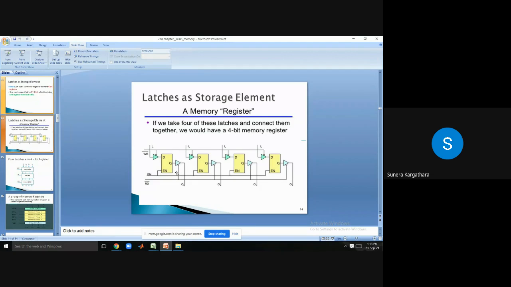That you will combine 8 D flip-flops. Am I communicating, student? Right? You will combine 8 D flip-flops, where 1 D flip-flop will hold 1 data, 1 input, 1 output, and like that, if you want to hold 8-bit data, you need to combine 8 data flip-flops.